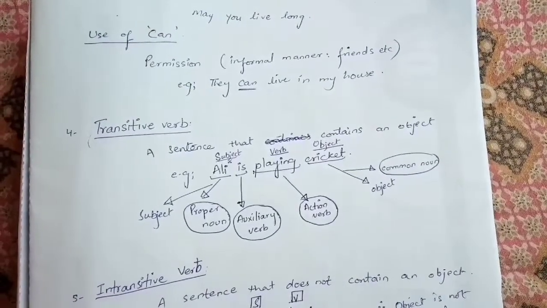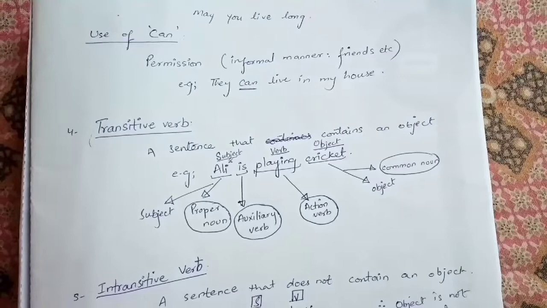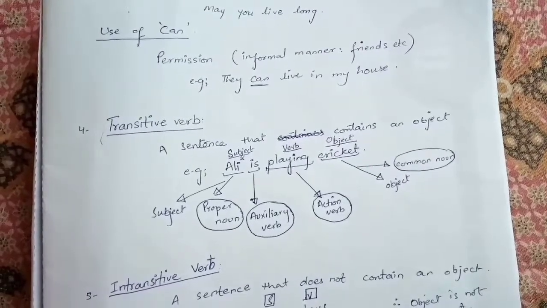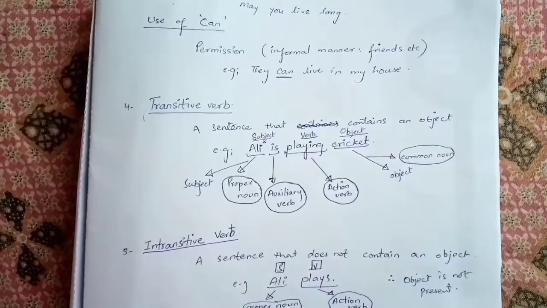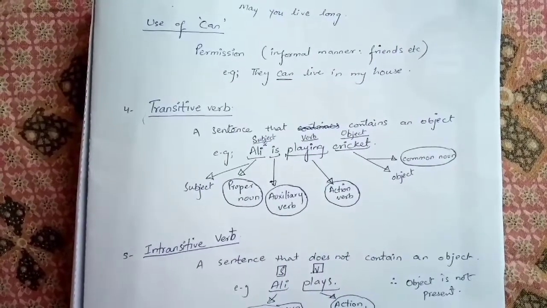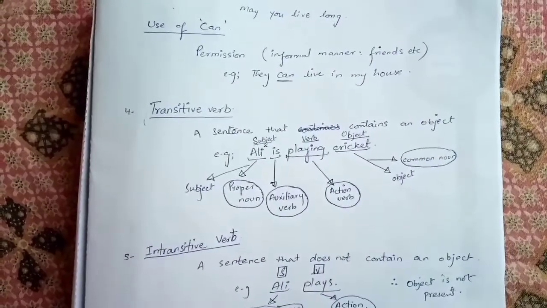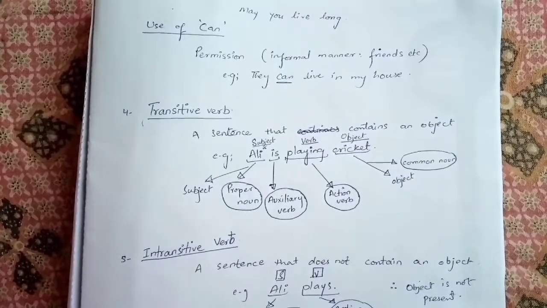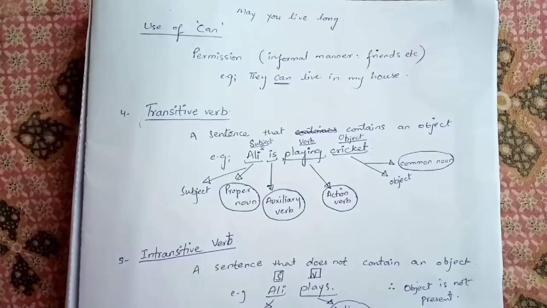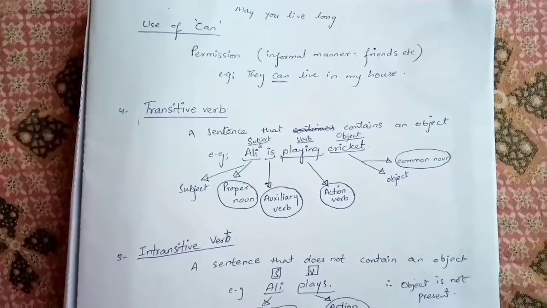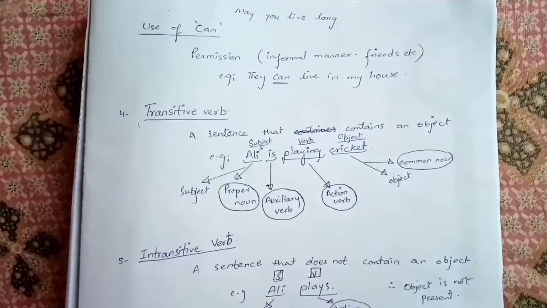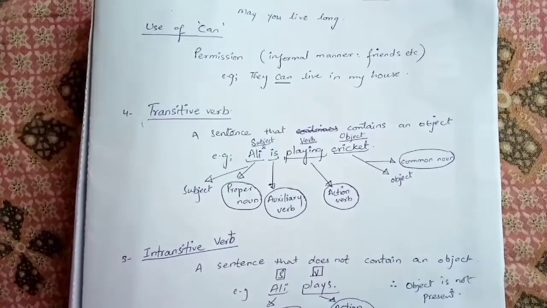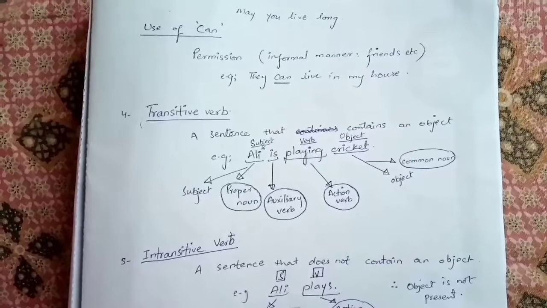Now the word can also represents permission, but in an informal manner. May shows formal permission, while can shows informal permission. If you are asking for permission from your parents or your teachers or anyone higher in rank than you, then you have to use may in those sentences.